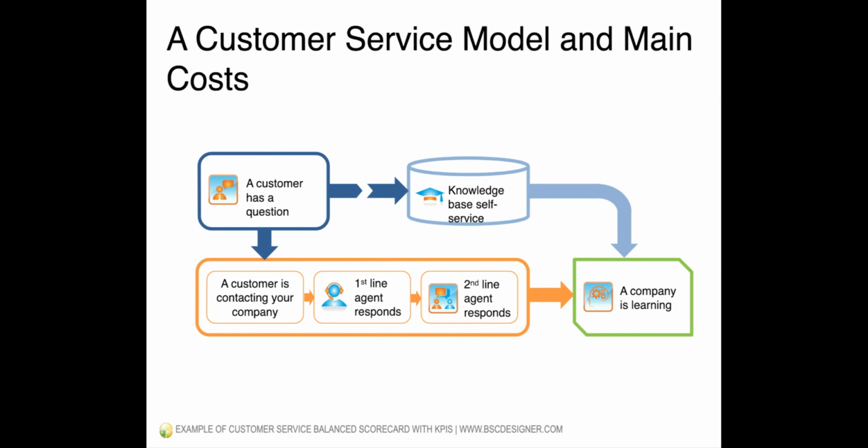You create some materials, you make them accessible, you maintain them. It's relatively not that expensive. The higher costs are associated with the people that answer the questions. So the first line agent will be associated with higher costs, and finally, the highest cost will be associated with the second line agents who respond to the queries.